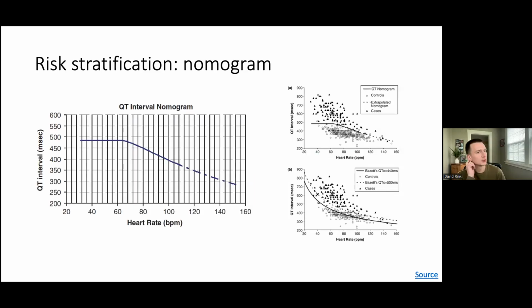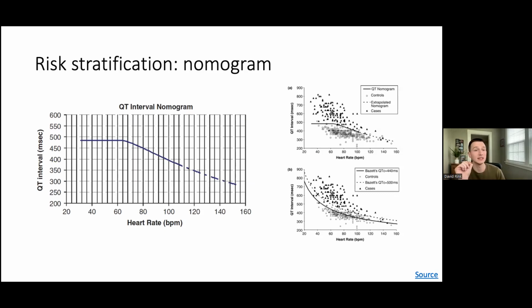This is actually a tool that I found in researching this talk that I think is particularly interesting. This is a nomogram that was developed in one study that examined the risk of torsades, plotting the uncorrected QT interval with the heart rate. As you can see, those who fell below this nomogram line did not develop torsades, whereas those who were above it did, indicating that there is some relationship between heart rate and QT interval.